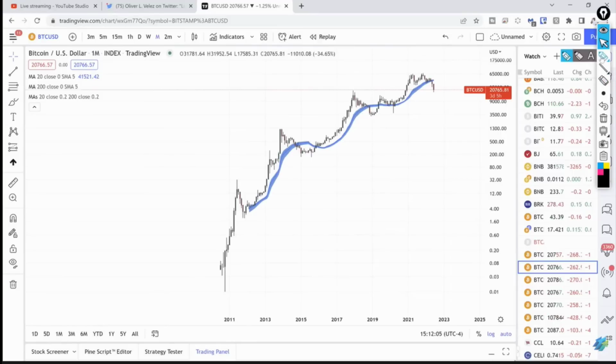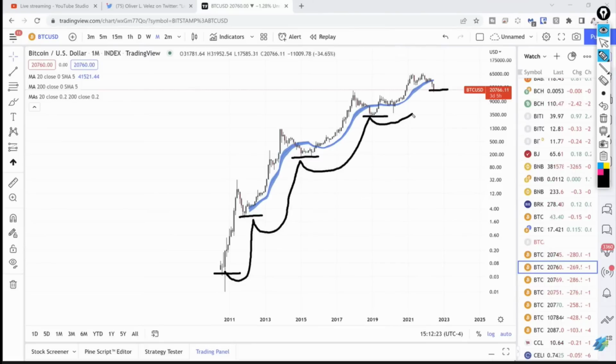And if you look at it from the decades perspective, every low is higher. Boing, boing, boing, boing. And boing.